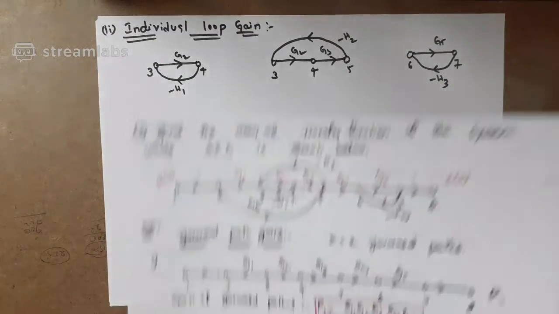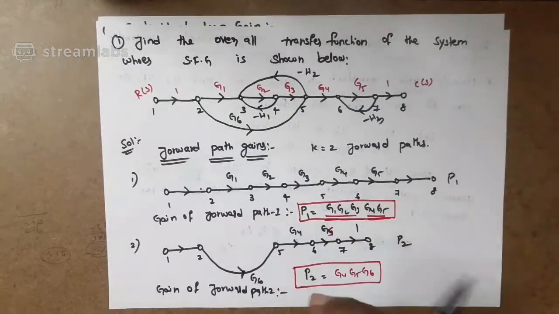So these are the three individual loops we got from the signal flow graph.